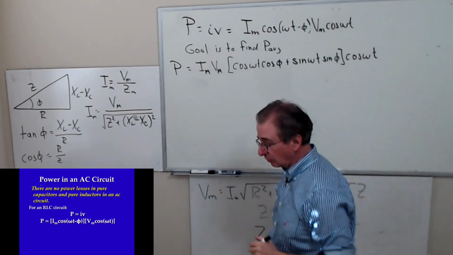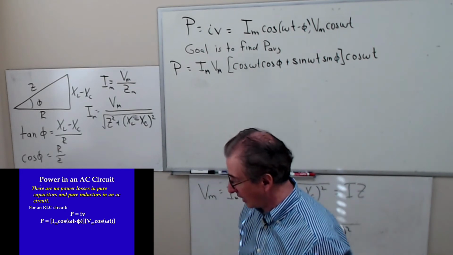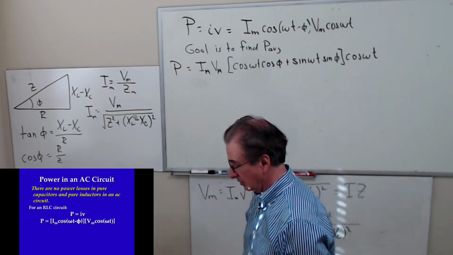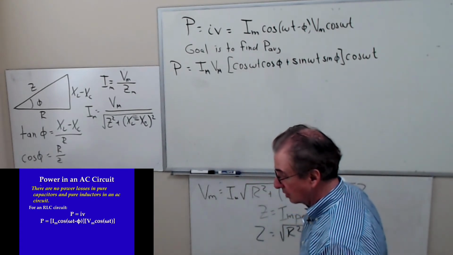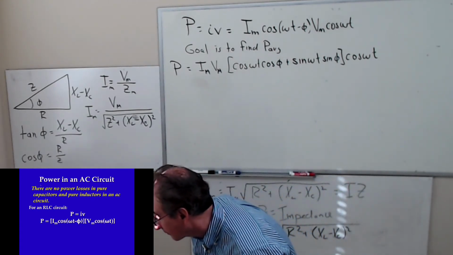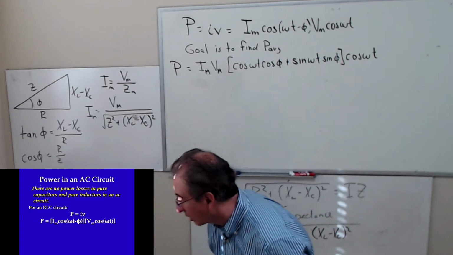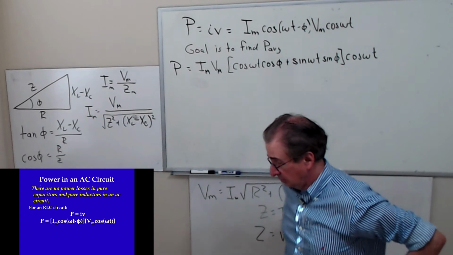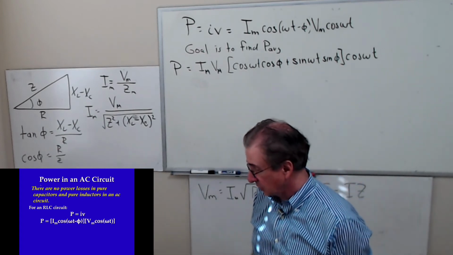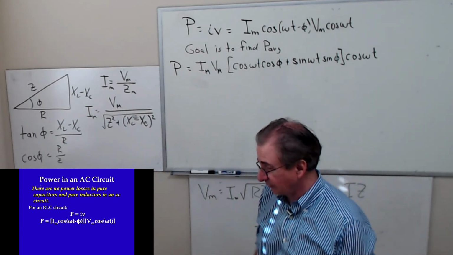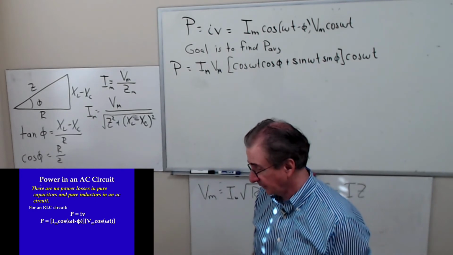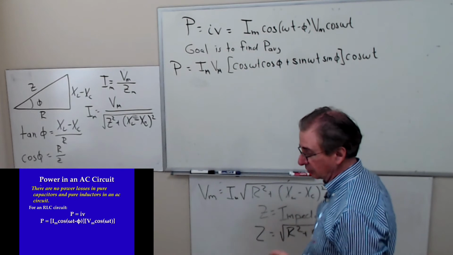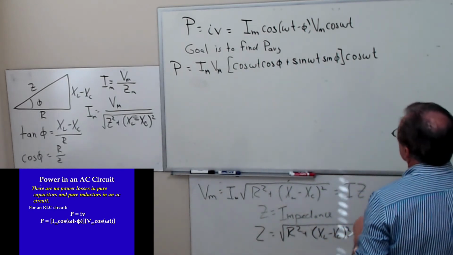The lowercase just represent the maximum value, the amplitudes or the peak values. Oh, this means I'm writing them time dependently. The lowercase i and the lowercase v represent the time-dependent values, whereas the capital letters represent the amplitudes.